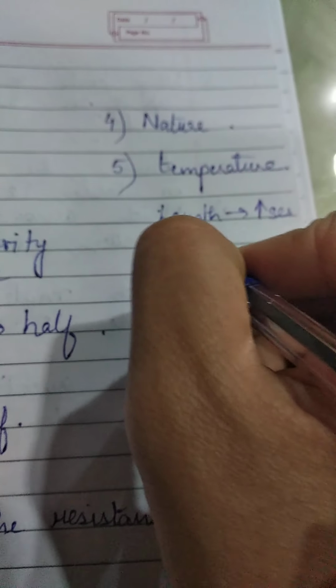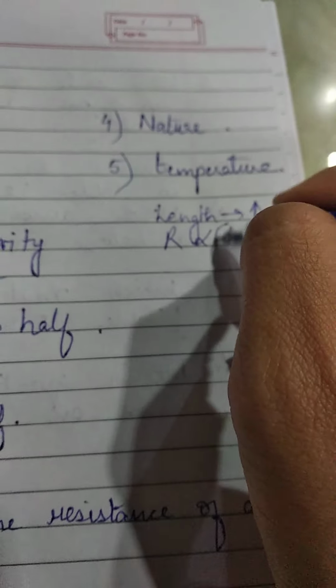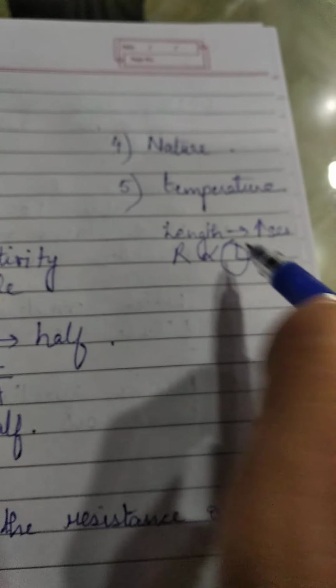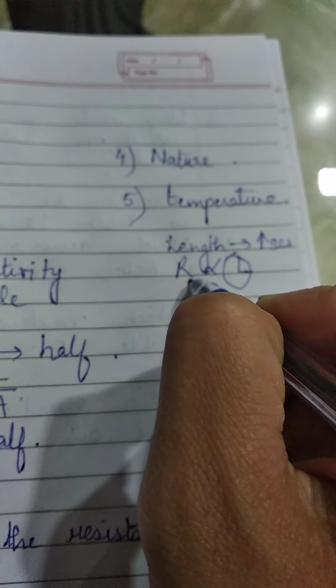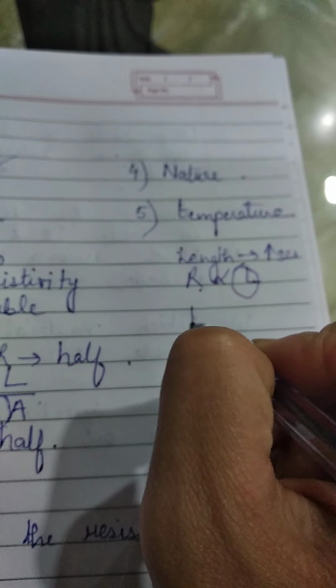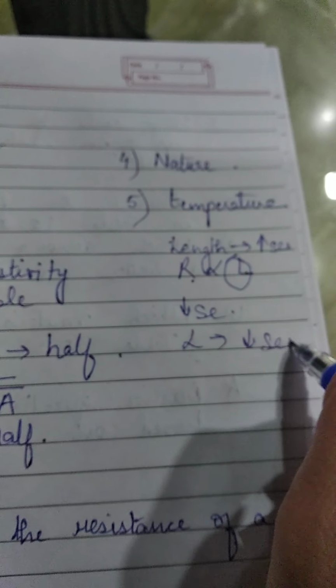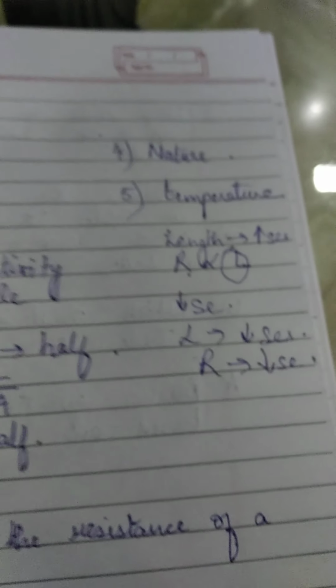As we know that resistance is directly proportional to length, if length increases, the resistance will also increase. And with a decrease in temperature, if the length decreases, resistance will also decrease.